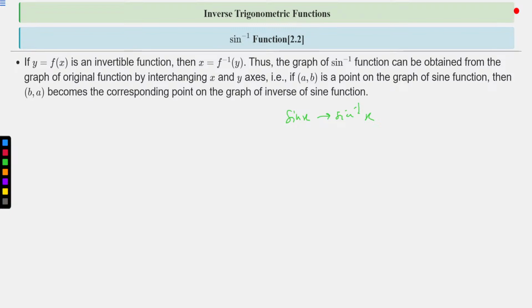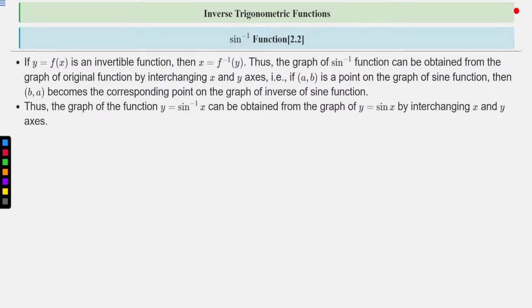Clear? So if you take any point (a, b) on sine x, it will become (b, a) on sine inverse x, because sine inverse x is the inverse of sine x. That is, the graph of sine inverse x is the reflection of the graph of sine x with respect to the line y equal to x.